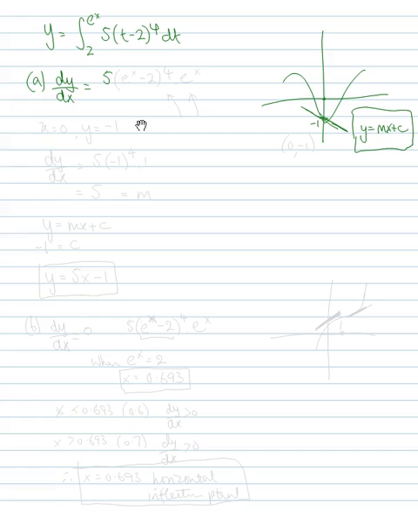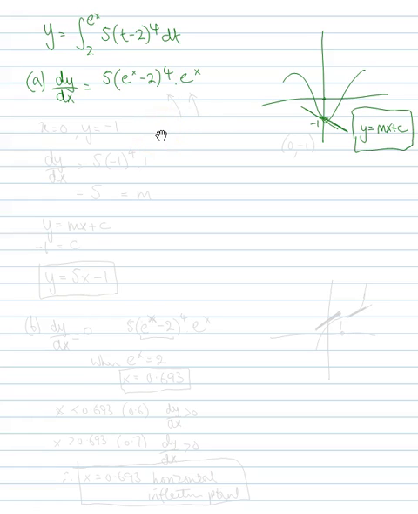So in this case, it's 5 times, and we have to be careful here, because e^x is the upper limit, so it's (e^x − 2)^4, and then we use the chain rule to differentiate e^x, which gives us e^x. So that's dy/dx. We could simplify by bringing the e^x out the front, but we don't have to do that.